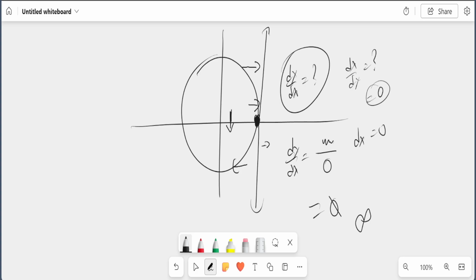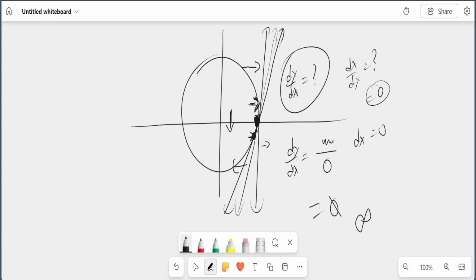Hold on, where did you get infinity from? Oh, yeah, actually, that's where I was going. You get infinity because as you get closer this way, at this point it's getting steeper, and then you get closer, and it's getting even steeper.